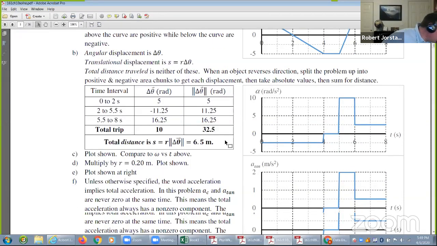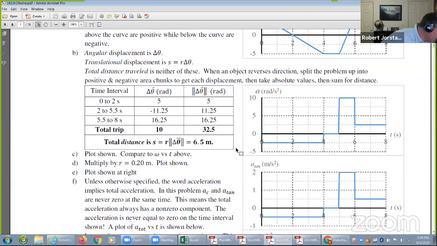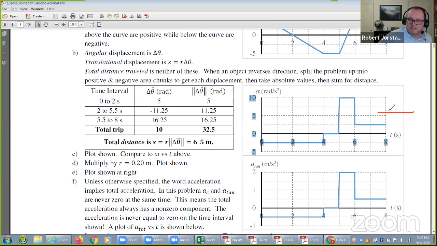All right, so part D. How do I get A tan versus T from alpha versus T? Oh, hopefully that makes pretty quick sense. All you do is you multiply the plot by R. In this case, to get from this plot here, which is alpha versus T, all you have to do is multiply by r.